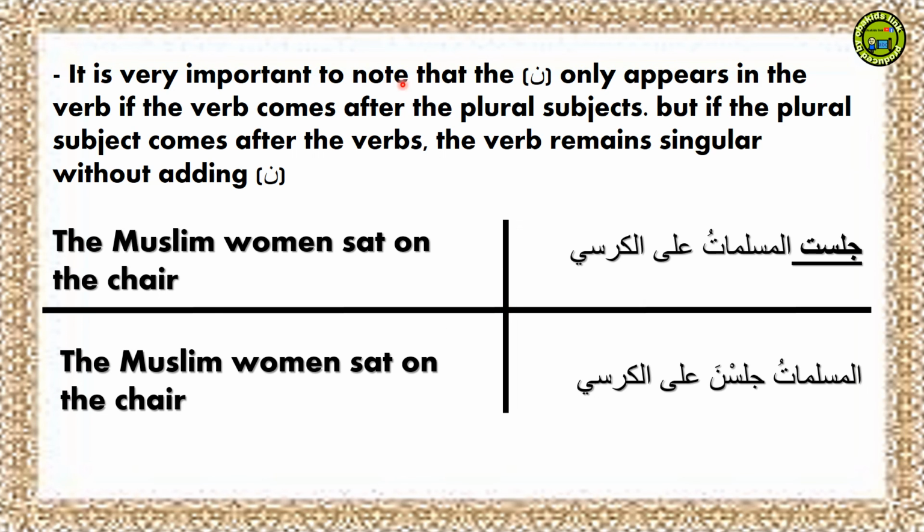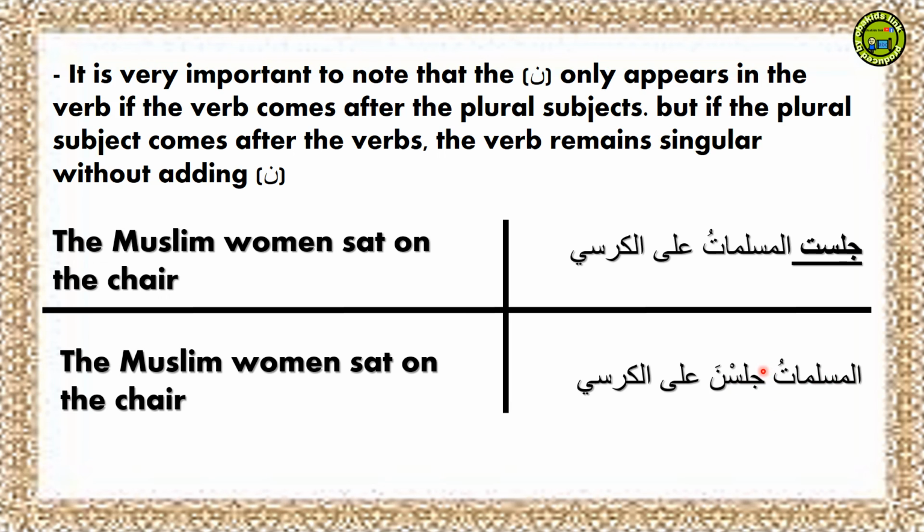It is very important to note that the noon only appears in the verb if the verb comes after the plural subject. But if the plural subject comes after the verb, the verb remains singular without adding noon. Jalasat al-muslimatu ala al-kursiyyi. The Muslim women sat on the chair.